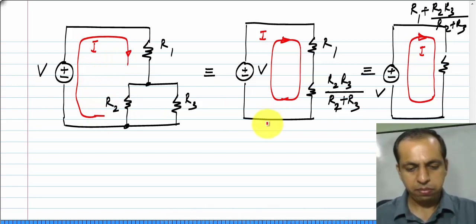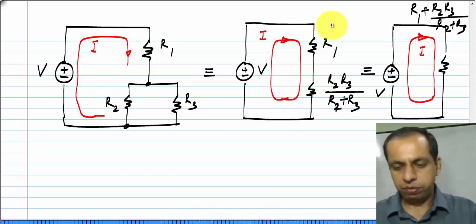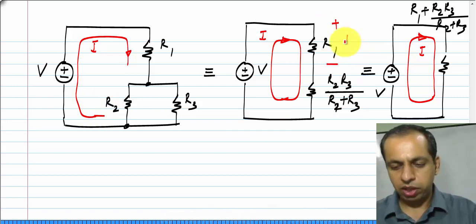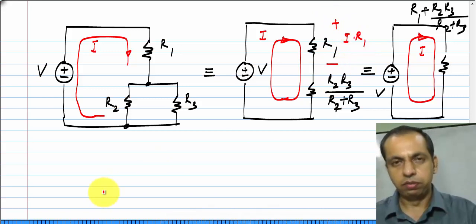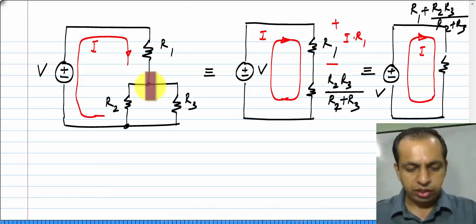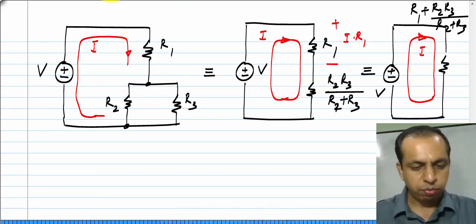Okay. And if you want to calculate the voltage across R1, it will be I times R1, which you can easily calculate. Now, at this node, this I divides into two parts.